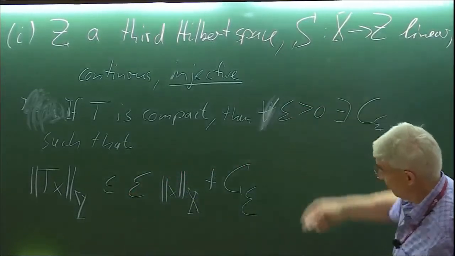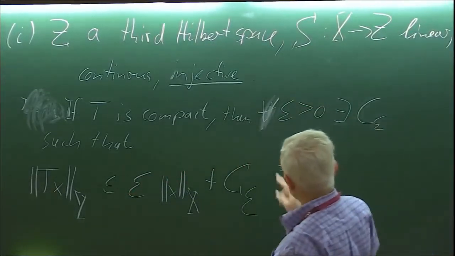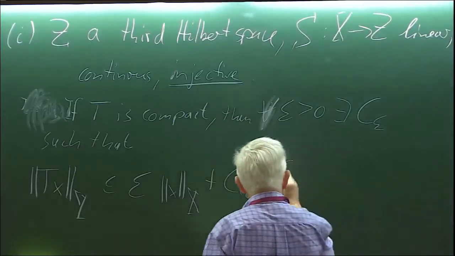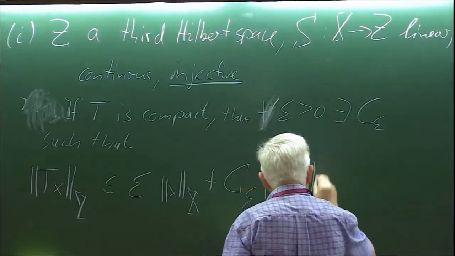In general this constant is going to be big, while in the applications epsilon is going to be small.